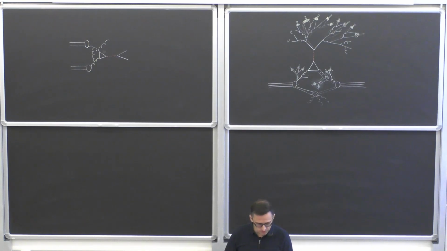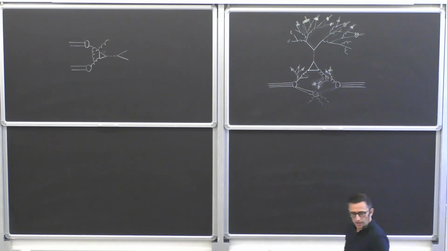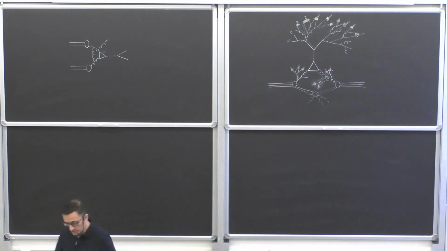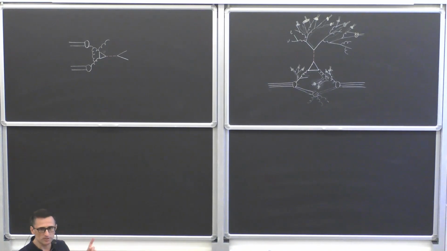Okay, so today we go back to QCD and coordinated with Ian. What we want to talk about is the problem which I depicted with my great artistic skills in the top blackboards.